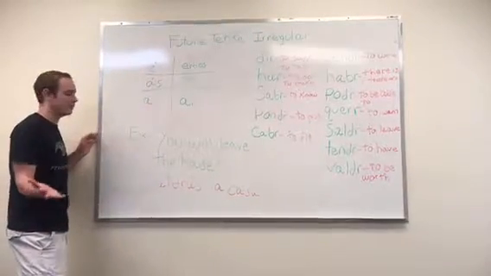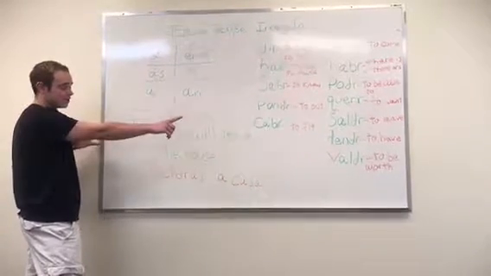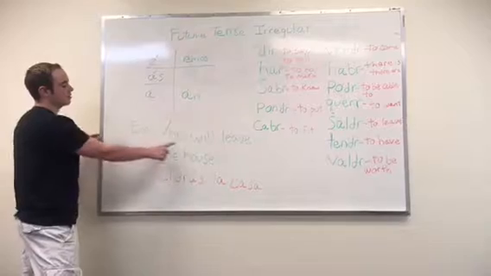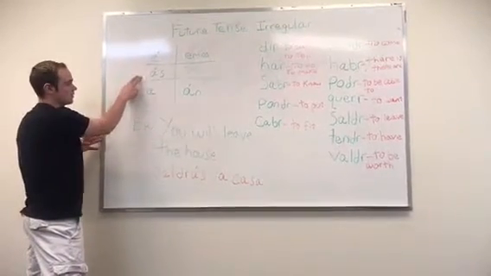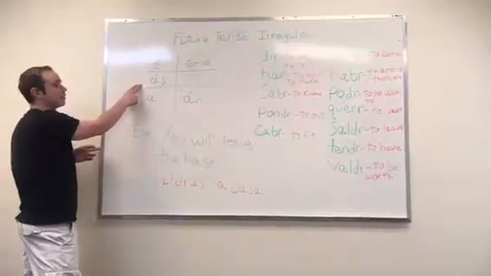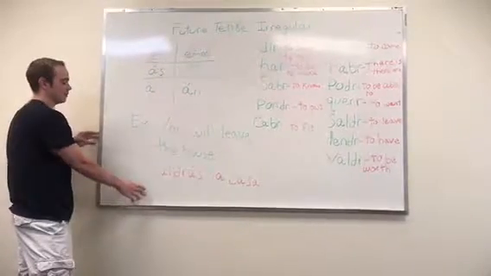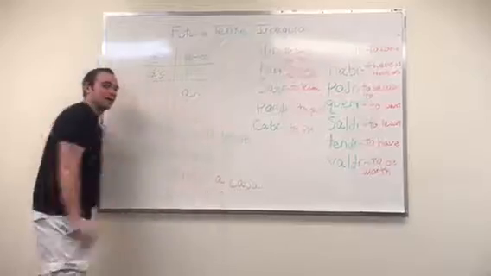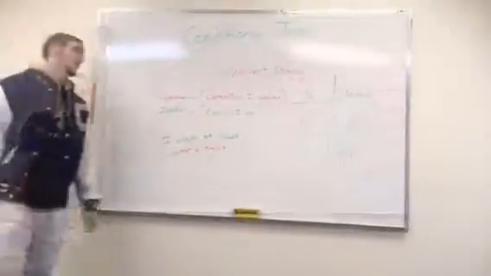When you conjugate that to leave the house, you use the irregular stem and then the ending according to your subject, which is you, second person singular, sorry, my bad. That will be your ending as, and then you'll have saldrás la casa. And that's how you conjugate in the future tense irregular.